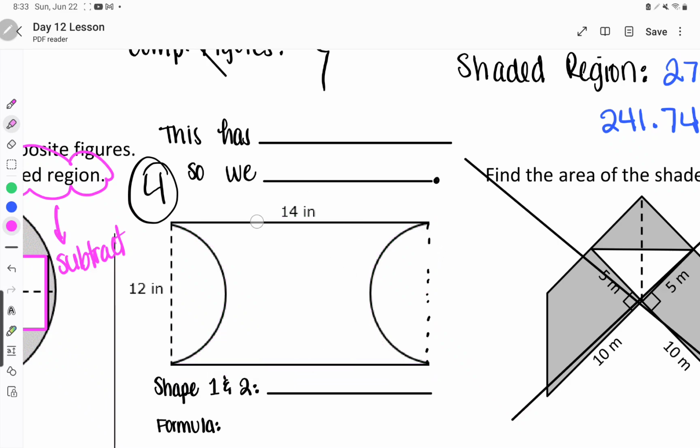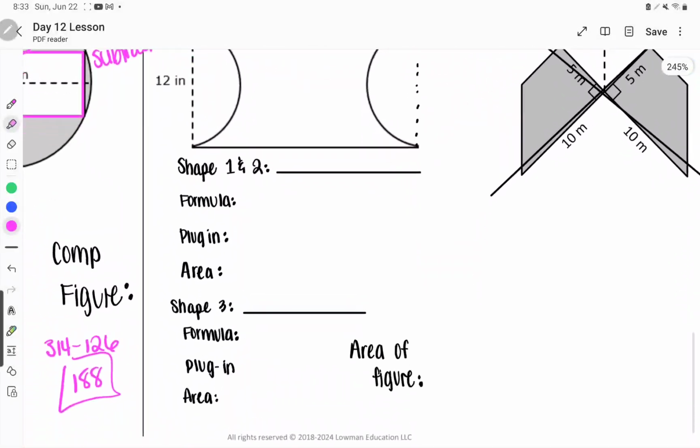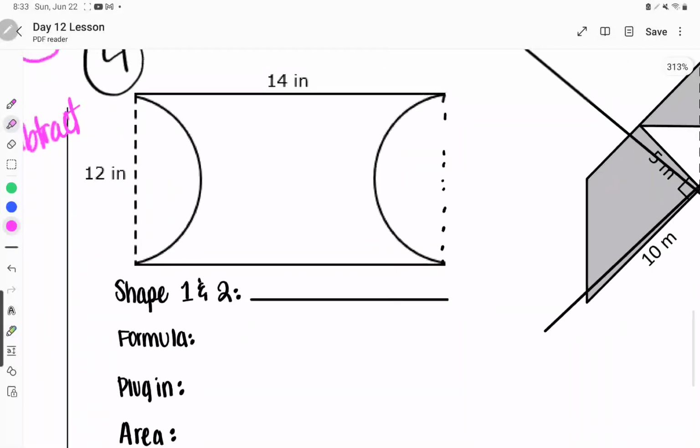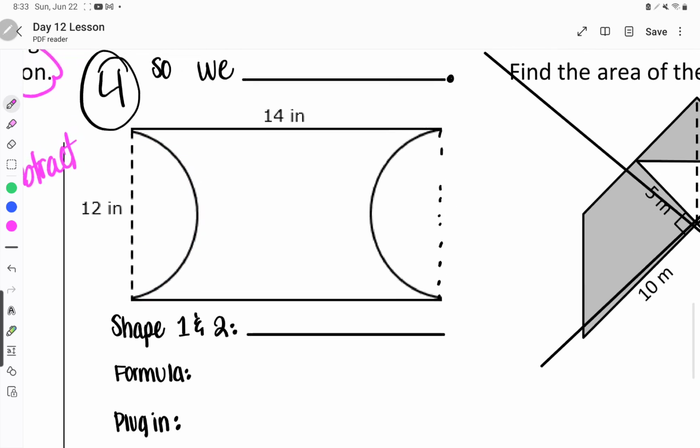All right, so we have shape 1 and shape 2, which I'm going to call these little semicircles right here. Now, these are congruent semicircles. So if we have 2 half circles right here, I want you to watch what happens if we take those and put them together.